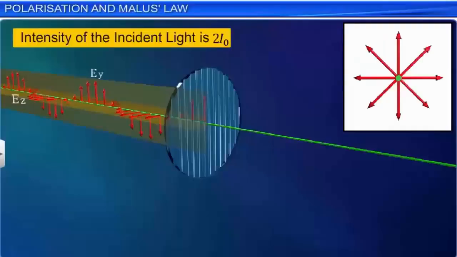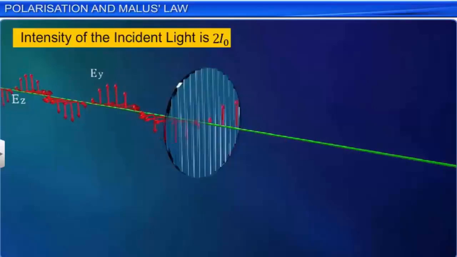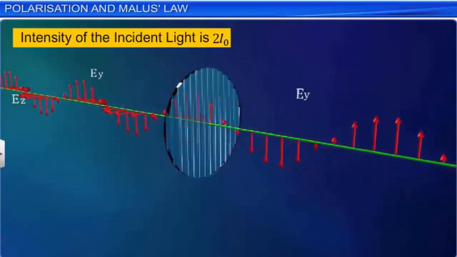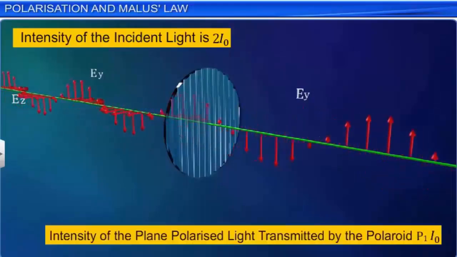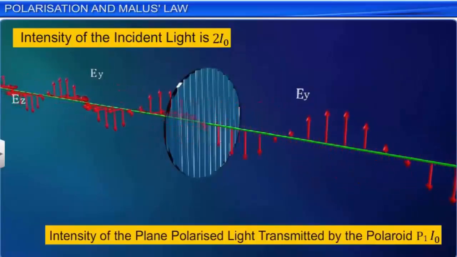If the intensity of the incident light is 2I0, then, because of symmetry, the intensity of light in the direction of the polarizing axis is I0 and the intensity of light in the perpendicular direction is I0. The Polaroid allows only the EY component of the incident light to pass through it, and hence the intensity of the transmitted light is half the intensity of the incident light.